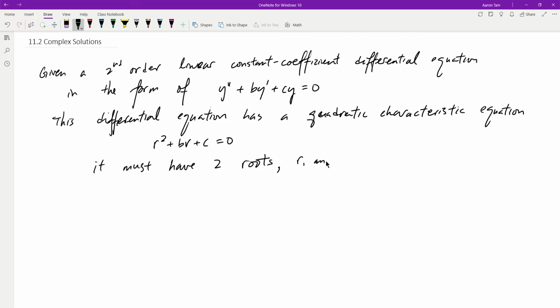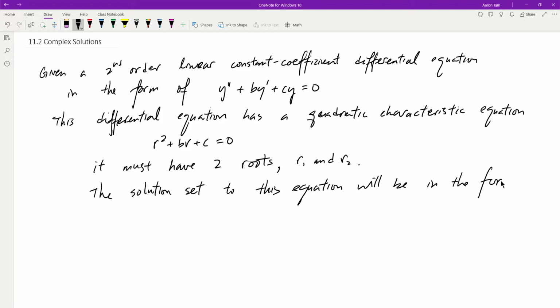And these two roots could be real or imaginary. So the problem here is the following. If they're imaginary, it doesn't change the way the solution looks. So it must have two roots, and let's say those two roots are r1 and r2.